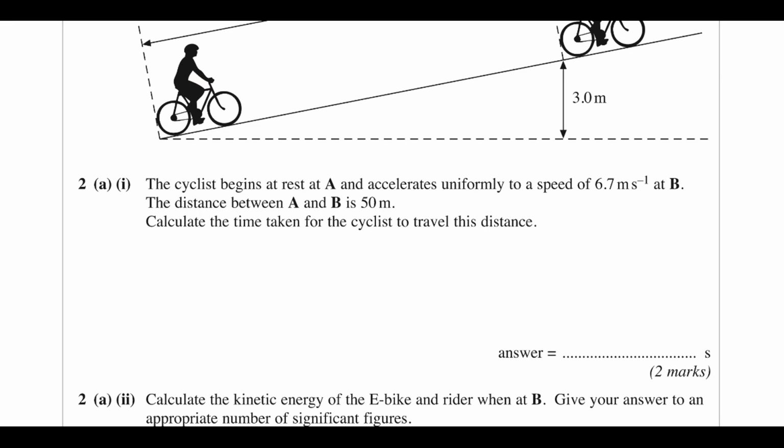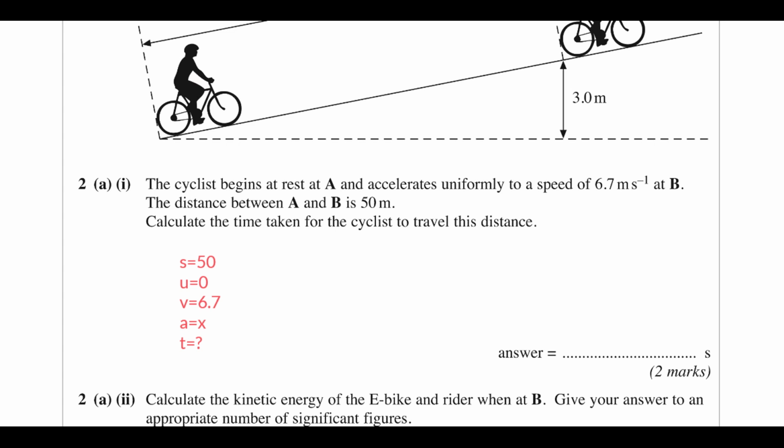So I'm going to go with some suvat here. Let's write out what we've got. I'm going to use up parallel to the slope as the positive direction. So the displacement is 50. The initial speed is 0. We do know the final velocity, 6.7. We don't know the acceleration, and we're trying to find out what the time is.